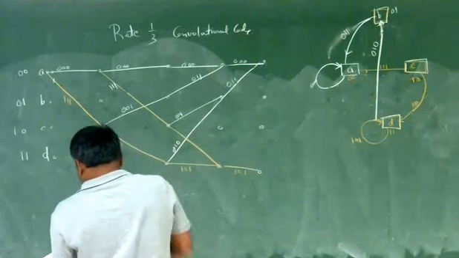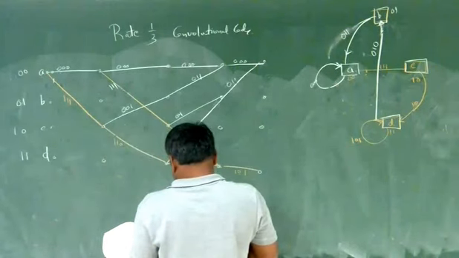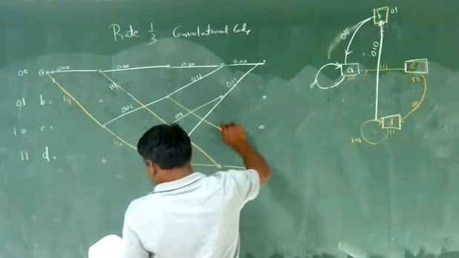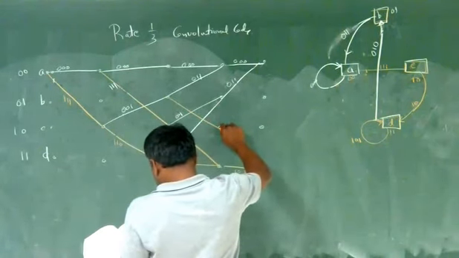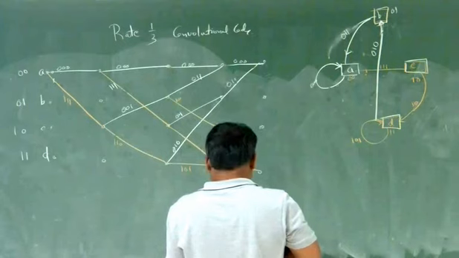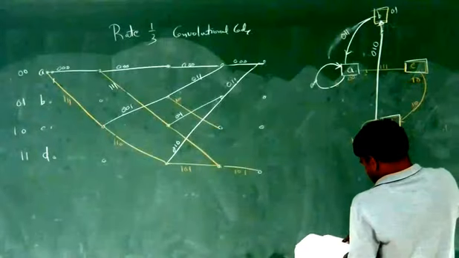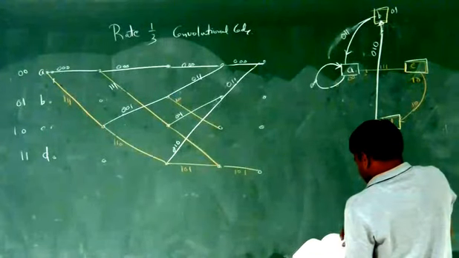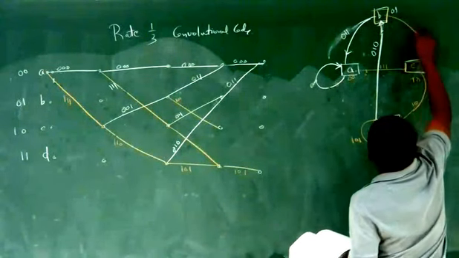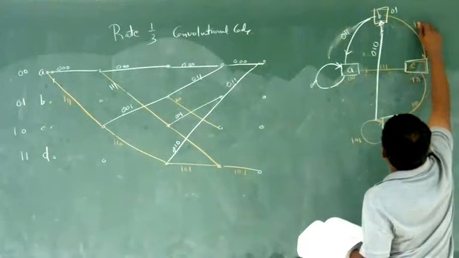Okay. B to C, and the branches are 1, 0, 0.